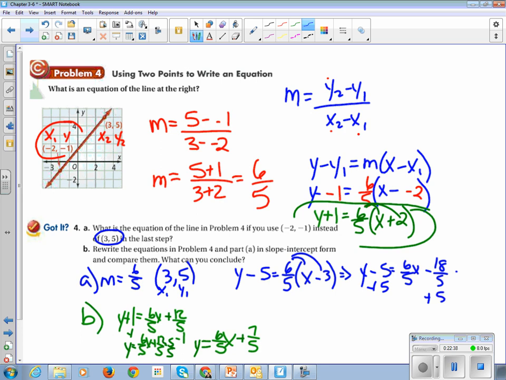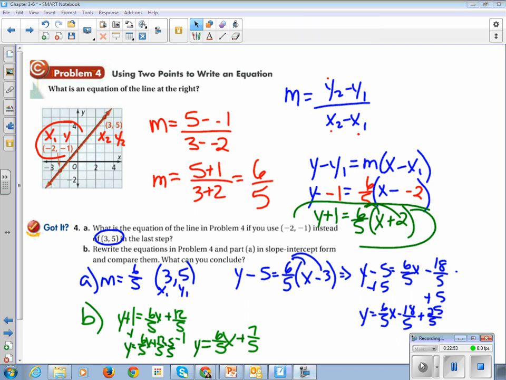I'm going to get y equals 6/5 x minus 18/5 plus 5/5. All right, so it's negative 18/5 plus 25/5. What's 25 minus 18? Ooh, 7. Yeah, so this is y equals 6/5 x plus 7/5.